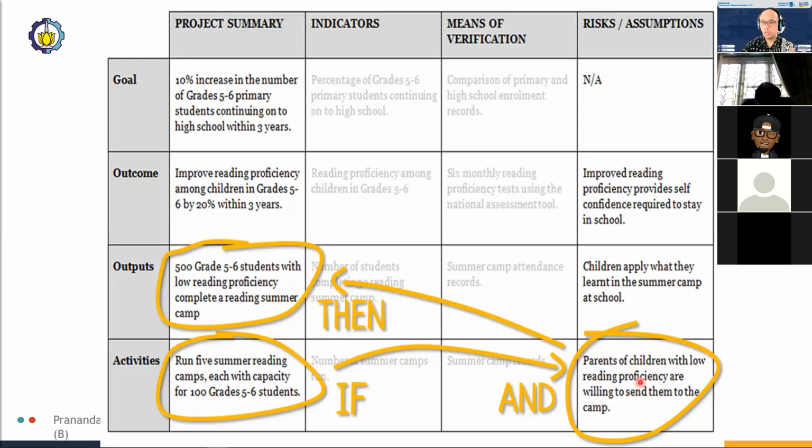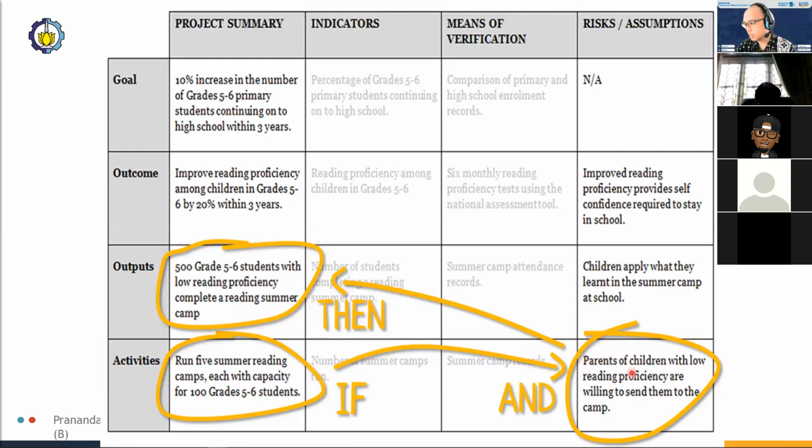The risks associated with organizing such a camp is that there will be parents who are reluctant to send their kids to reading camp, and therefore, once you've identified that risk, you can either come up with a strategy to persuade the parents to let their children join or attend summer reading camp, or perhaps a different approach for those parents.